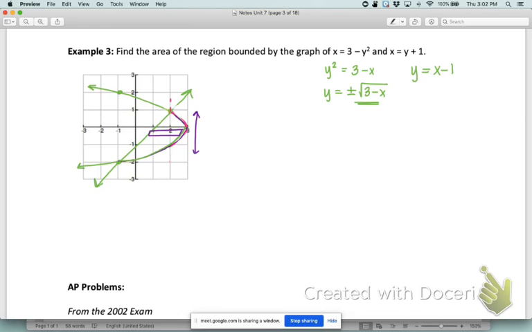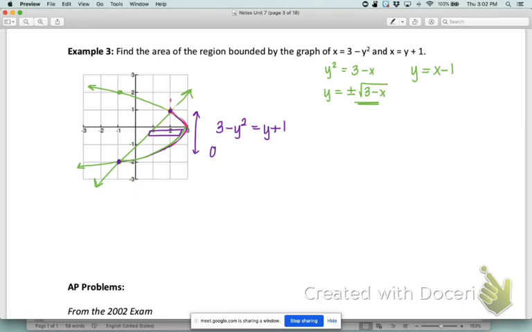Now we can tell, again, by looking at this one, because I know that I plotted these 2 points specifically on both graphs, but to be absolutely sure, we want to set these two equations equal to each other to find our intersection points. So 3 minus y squared equals y plus 1.